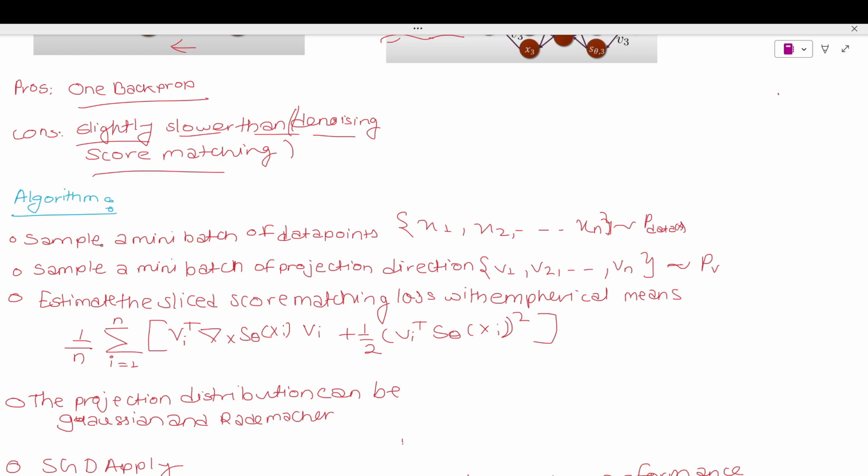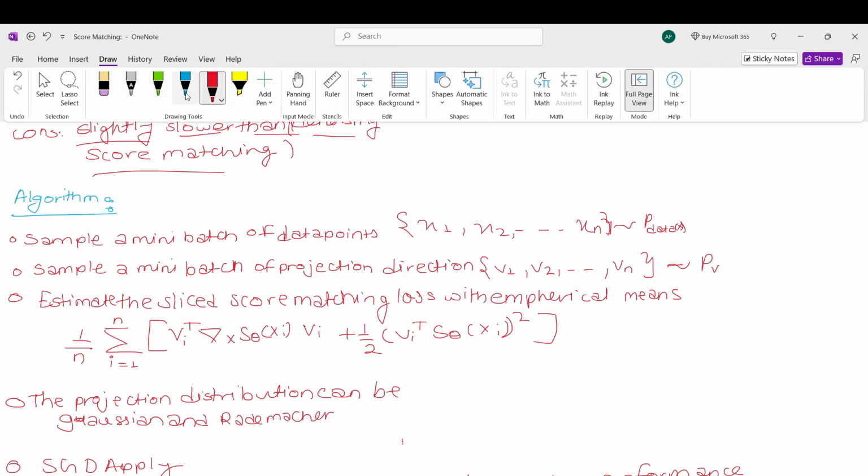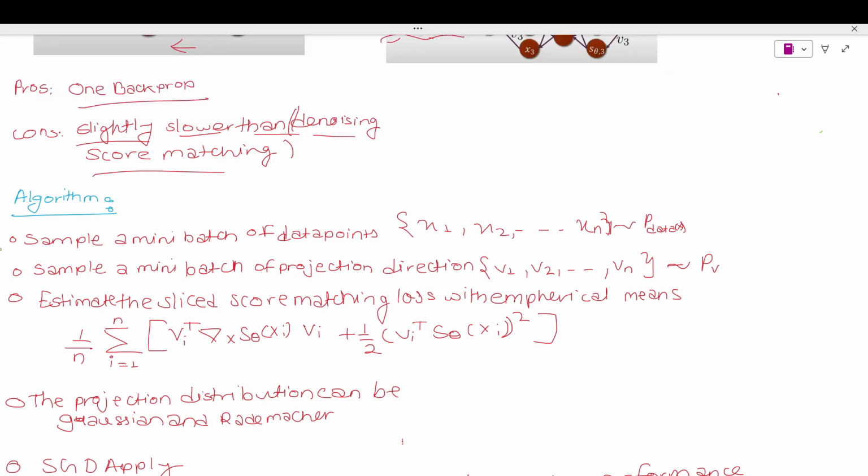So I will take another color. Let's start. What we're doing here is sampling a mini-batch of data, and we're also sampling a mini-batch of projections, v1, v2 from p_v.